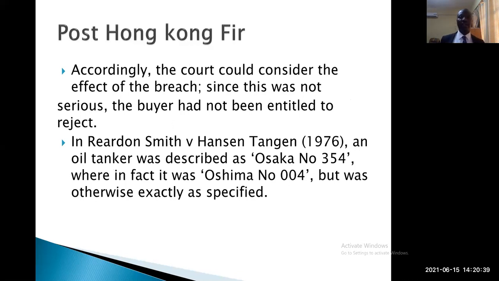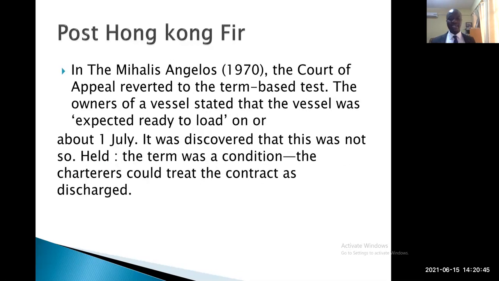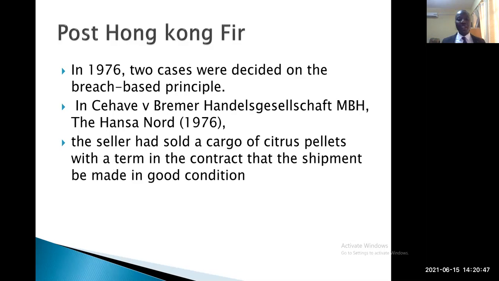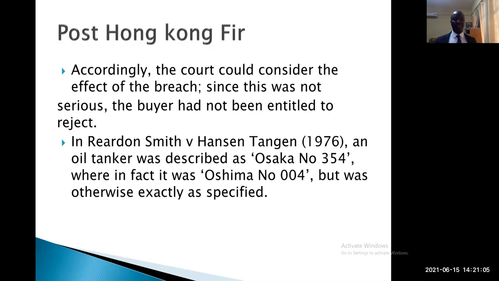Yeah, so that is what the court was saying. And what is interesting is that if you look at the Mihalis Angelos, the court went to the extent of saying that despite the fact that the Sale of Goods Act might have classified a certain term as a condition or warranty, that was not conclusive of the matter. And that is why I said it did not follow that all the terms had to be so classified.